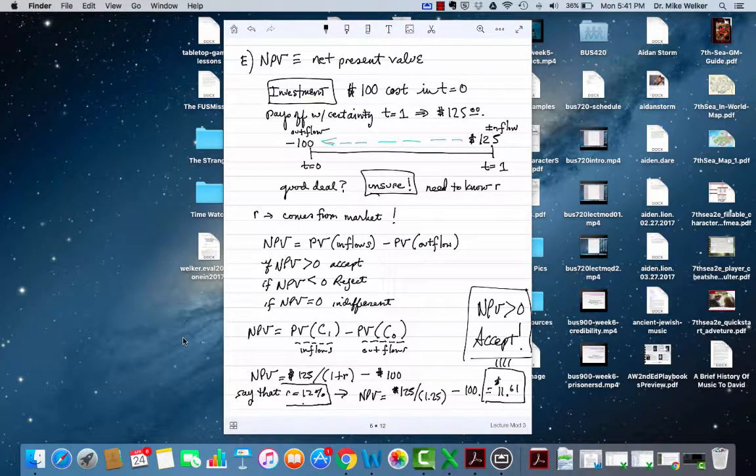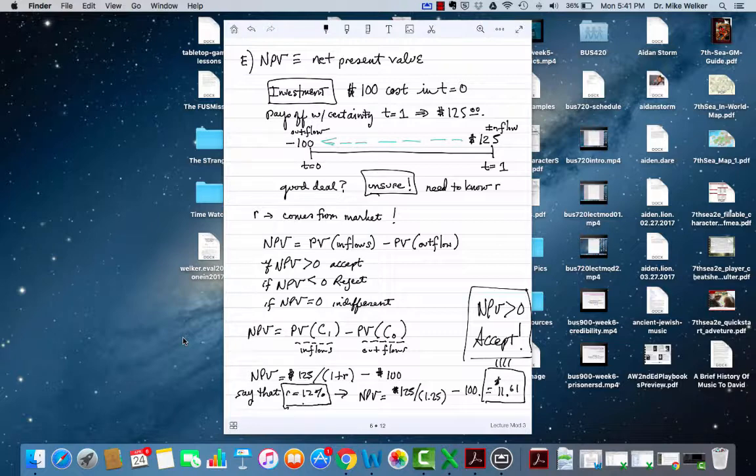So I know an alternative investment in the market at the interest rate of 12% is worth, in time period T1, $112. But here I have this project that's saying, I'm going to be able to get you $125 instead of $112.